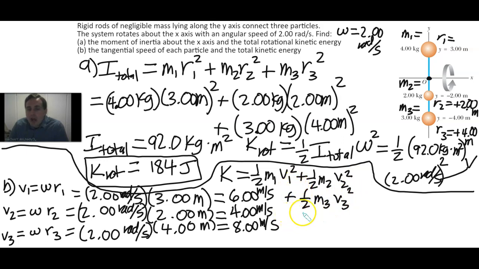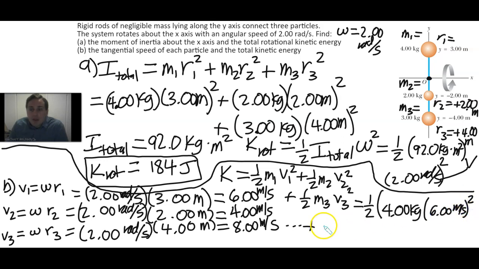So I think the 1/2 is common to all the terms, so we can move that out front, and it's going to be mass times velocity squared in each case. So that's going to be 4.00 kilograms times 6.00 meters per second, and we square that.